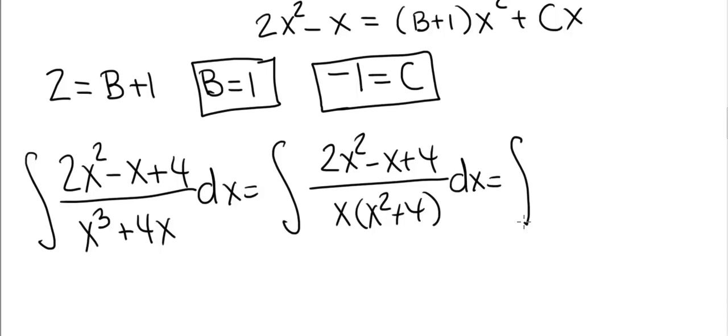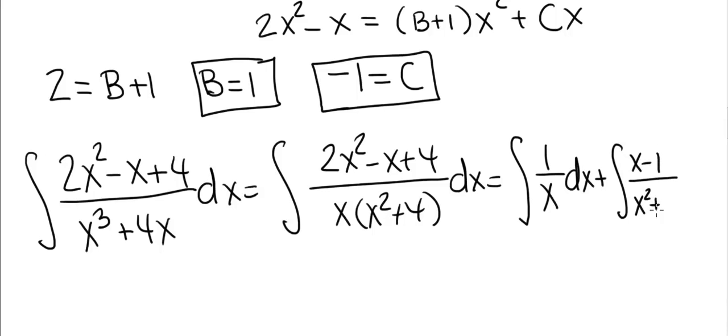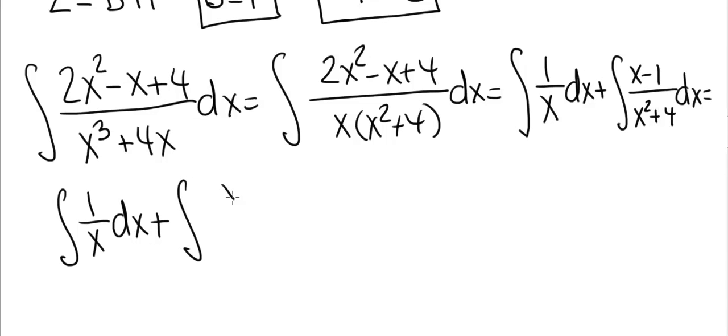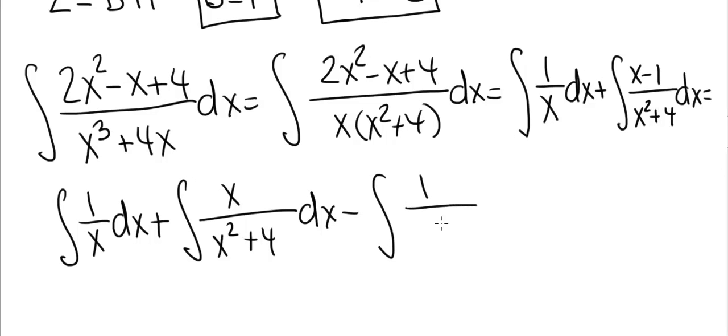And that's equal to the integral of A over x, so that's 1 over x, plus the integral of Bx plus C, so that's x minus 1, divided by x squared plus 4 dx. Let's write it as 3 integrals: the integral of 1 over x, plus the integral of x divided by x squared plus 4, minus the integral of 1 divided by x squared plus 4.